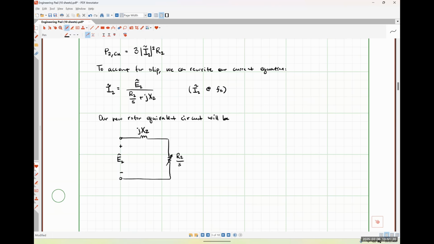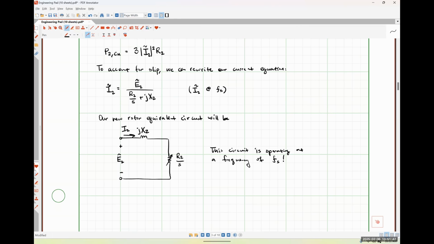Okay. And this is our current I2, and this circuit is operating at a frequency of Fs. Okay.